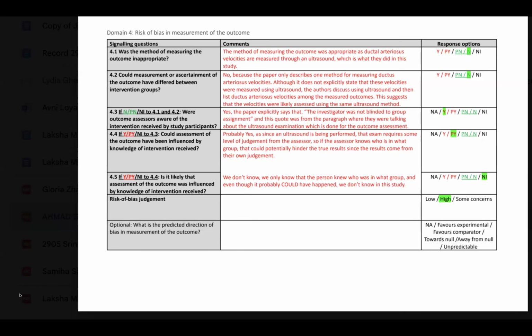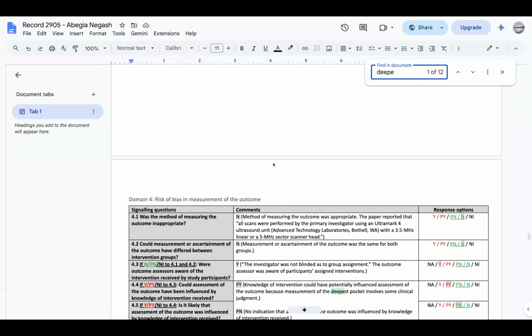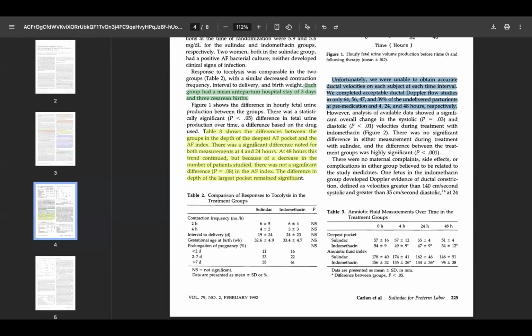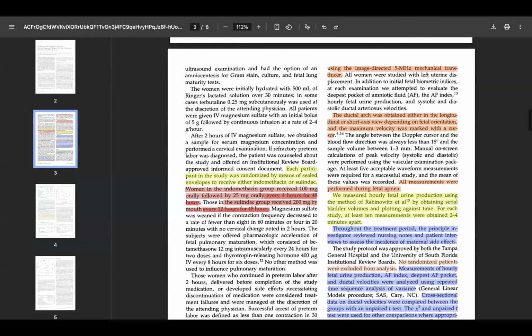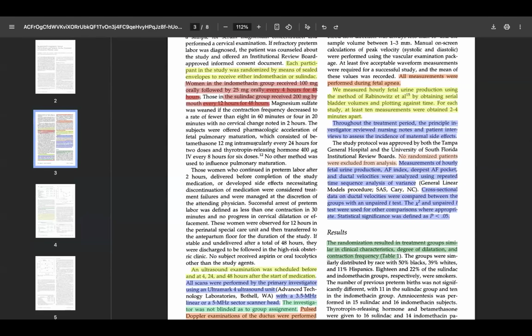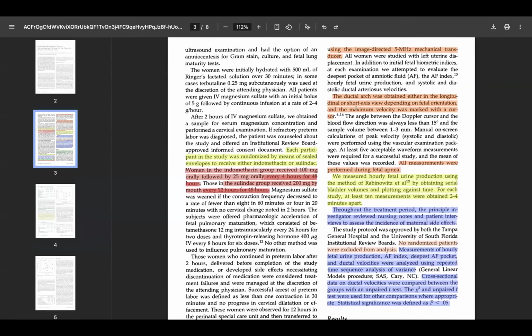Wait, let's see. Manual on-screen calculations of peak velocity, systolic and diastolic, were performed using vascular examination pack. Well, what is the vascular examination package? At least 5 acceptable waveform measurements were required for a successful study, and the mean of these values was recorded. All measurements were performed during fetal apnea. So if we're talking about a mean of values, I'm at the top of page 224, the second paragraph on the top right.